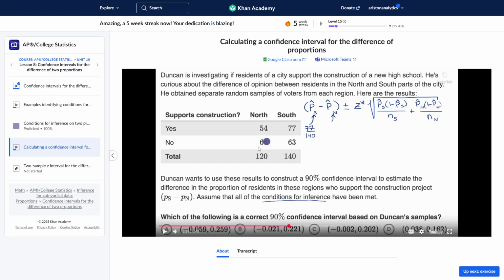Okay, so the confidence interval for the difference between the two samples is p hat sub s minus p hat sub n, plus or minus, that's the lower and upper bound. This is your critical value, which is given. Actually, plus or minus standard error.